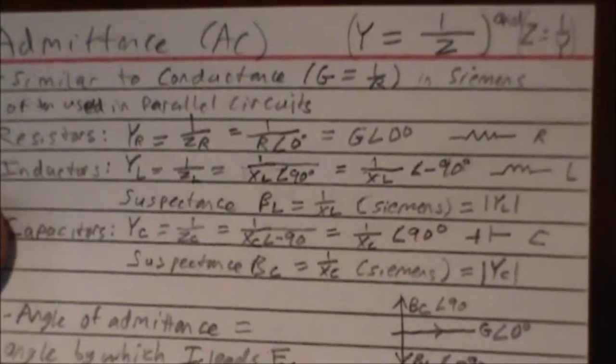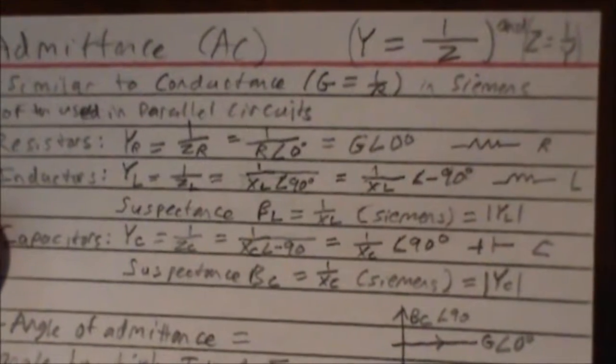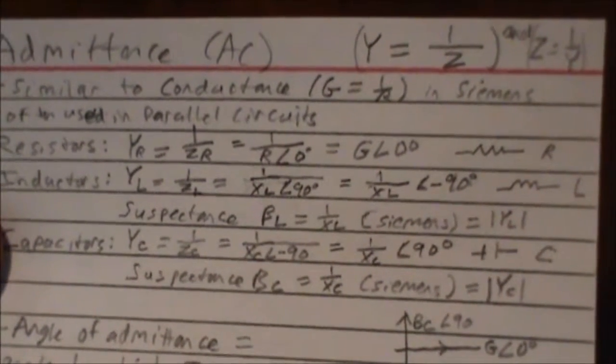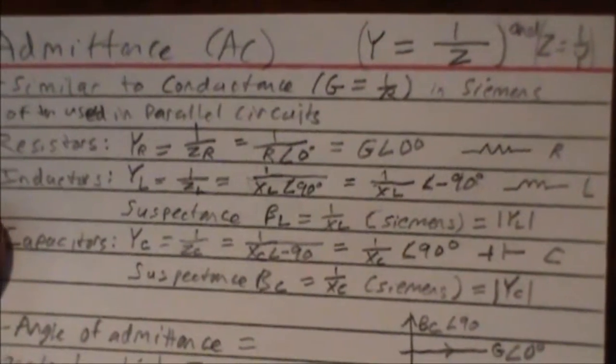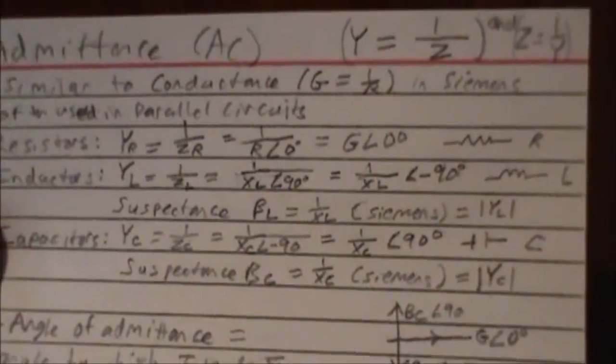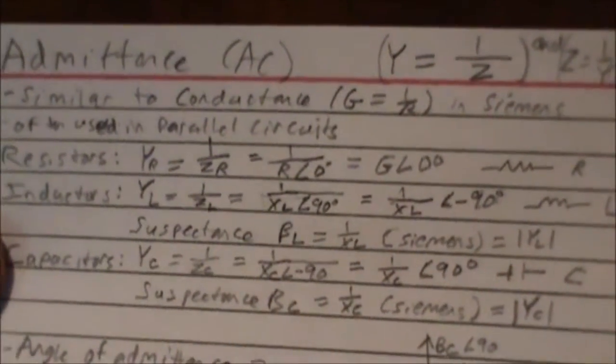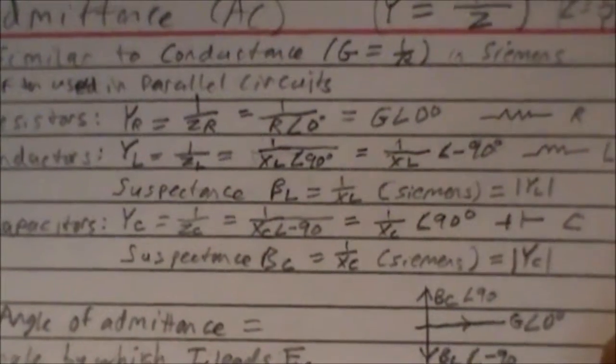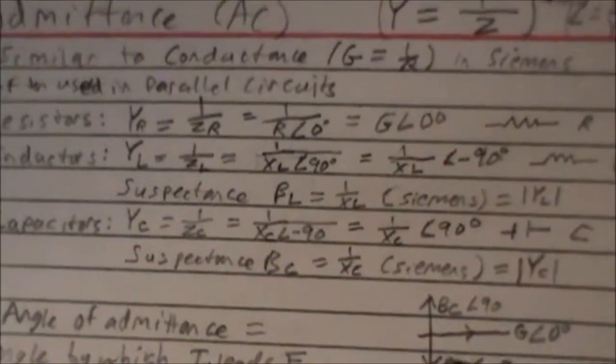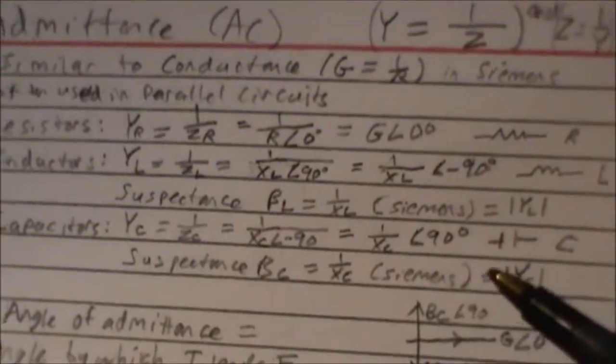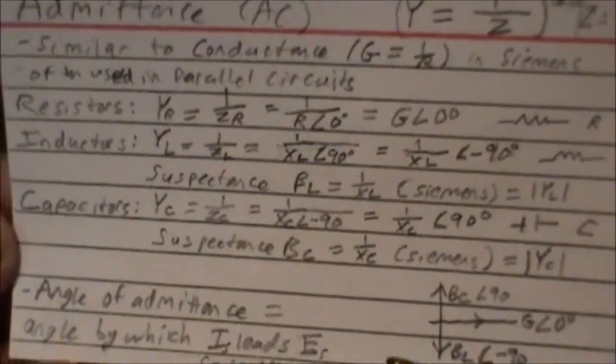Think about it as how reactance is the magnitude of the impedance, susceptance is the magnitude of the admittance. There's the capacitors, it's just simply the reciprocal, and the angles are there.